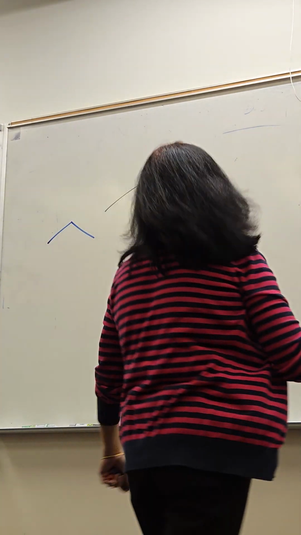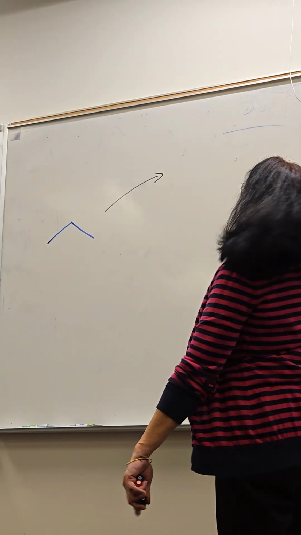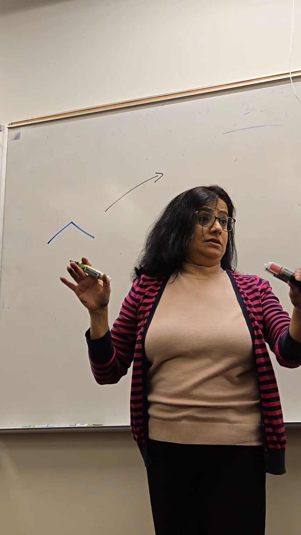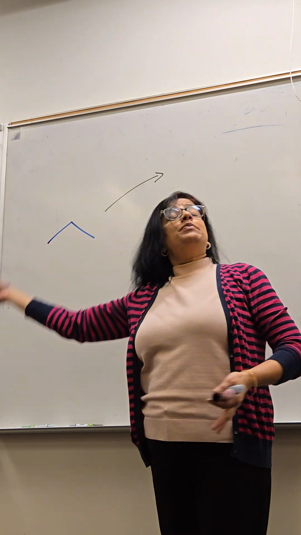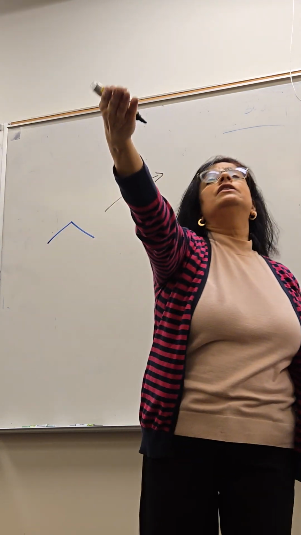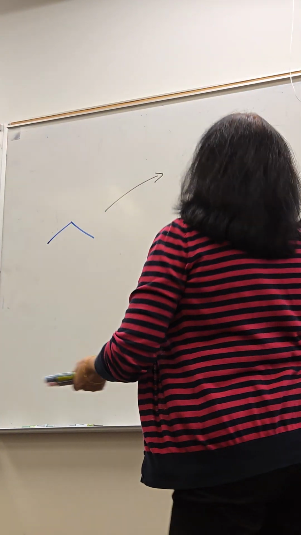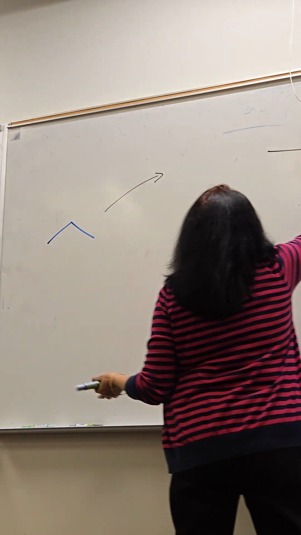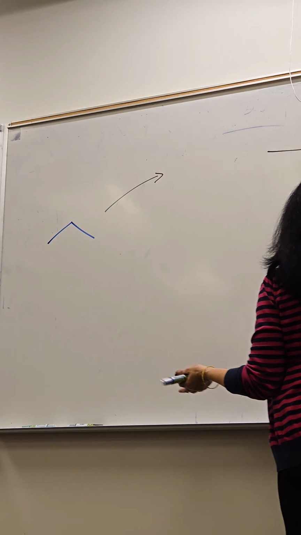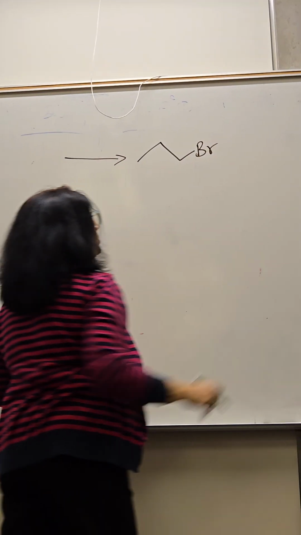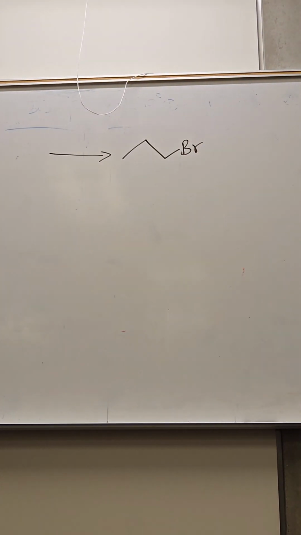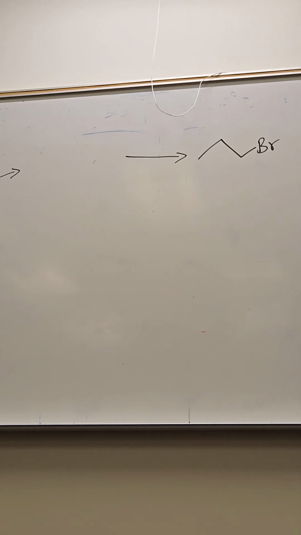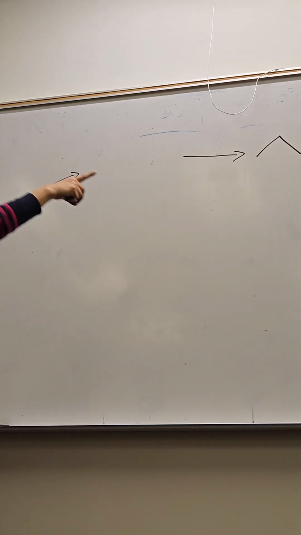Okay, fine. Let me ask the same question differently. 8? No, not 8, because then there should be 8 products, every free radical creating a product, which is not the case, right? Okay, can you tell me what will be the structure of the free radical that leads to the formation of 1-bromopropane? Where does the radical have to be, if you think about the mechanism, in order for us to get that product?